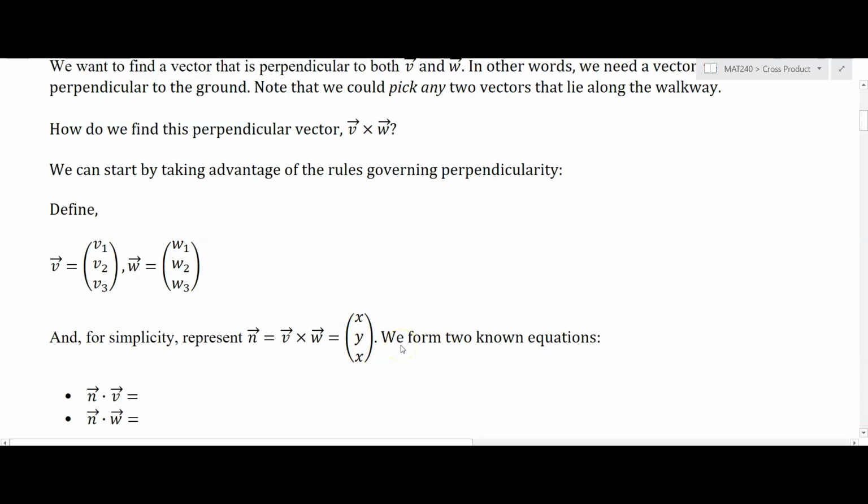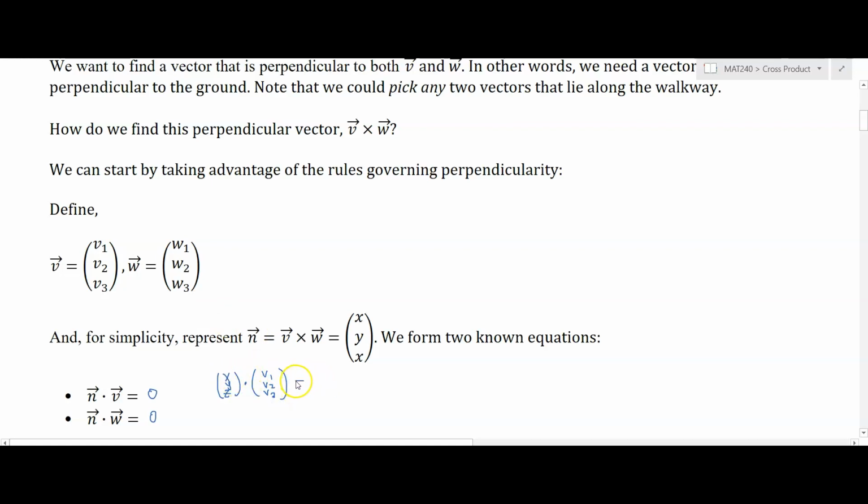So we form two equations, and often solving for something involves forming some equations and then solving that system. So if we look at the dot product between this cross product vector n and one of the original vectors v, well, since n is perpendicular to both v and w, these dot products should equal 0. And if we put it in terms of the components, n is the vector that consists of components x, y, and z, and we're going to dot that with the vector that contains components v1, v2, and v3.